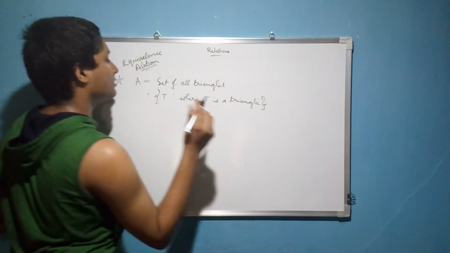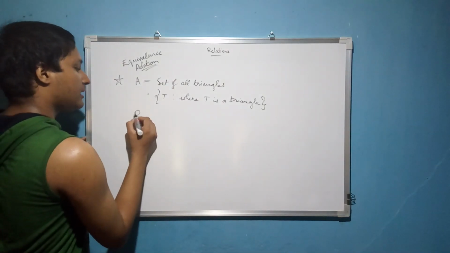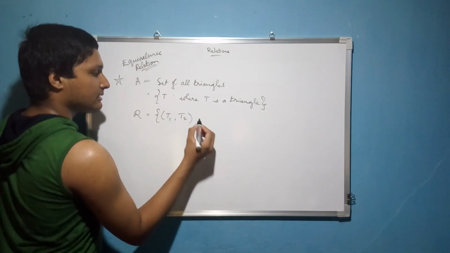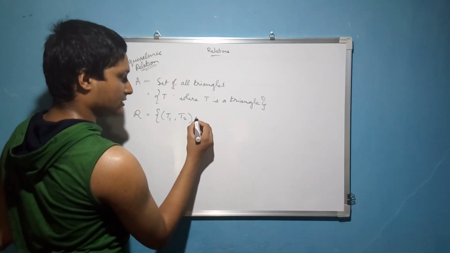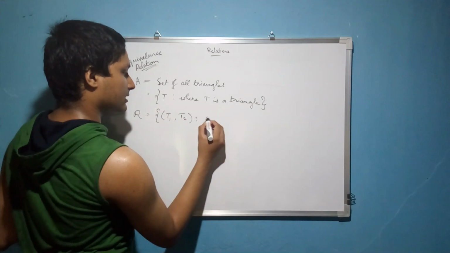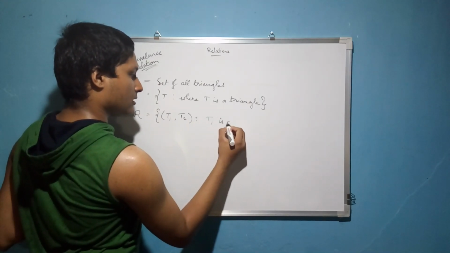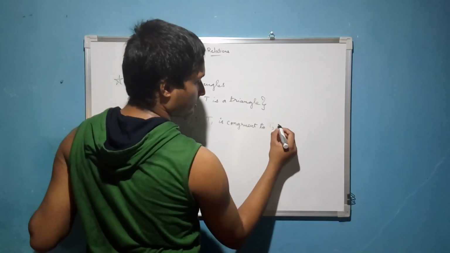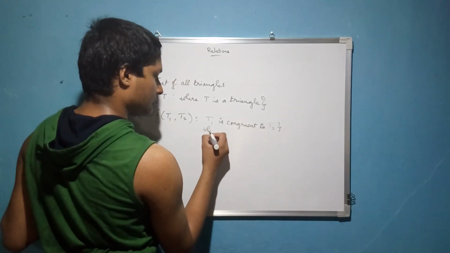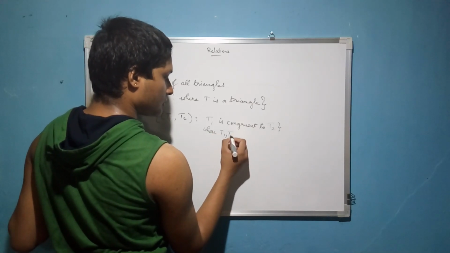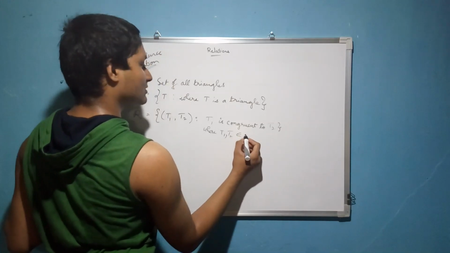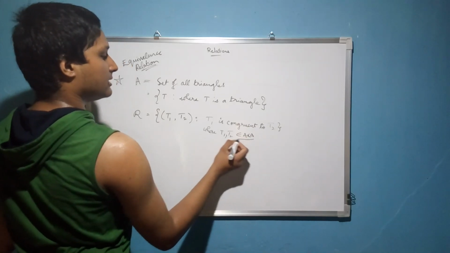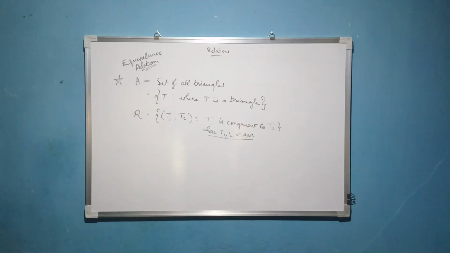Now my relation is based on congruence. R is equal to (T1, T2) with the condition that triangle T1 is congruent to T2, where T1 and T2 belong to this Cartesian product A cross A. That means all the triangles come under that.